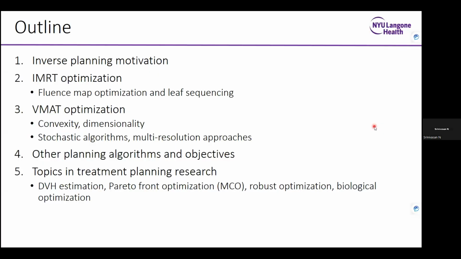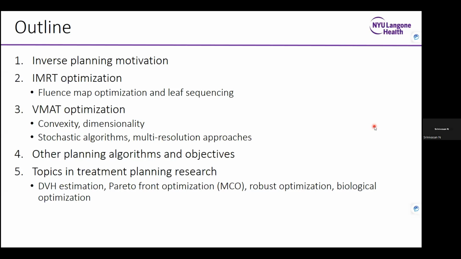So here's an outline of how I want to approach the topic. We'll start with a quick motivation for why we want to use computers to help us do treatment planning in the first place. And then we'll talk about what's going on behind the scenes with IMRT and VMAT optimization.